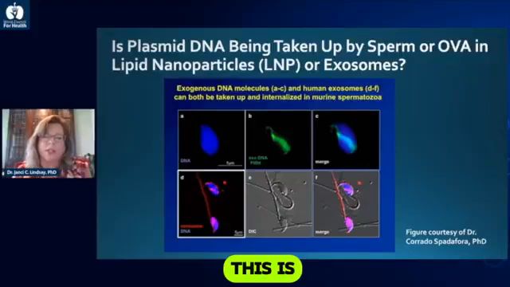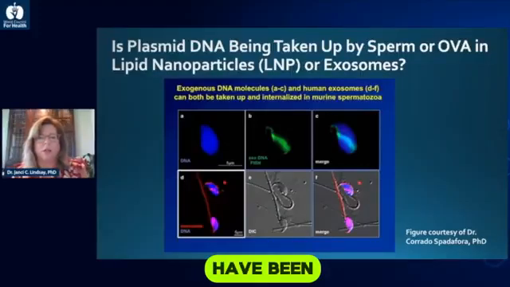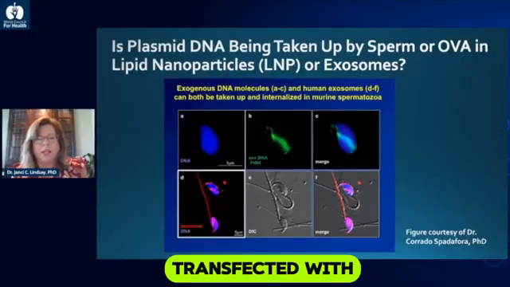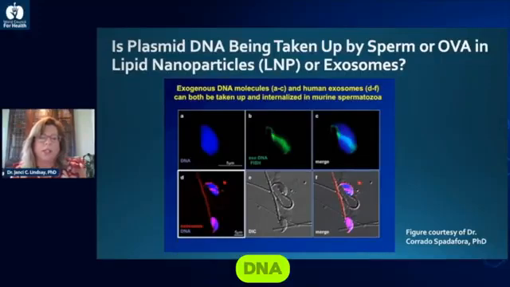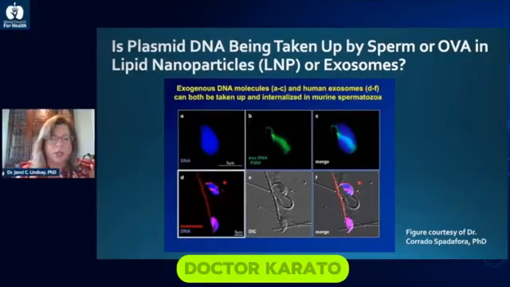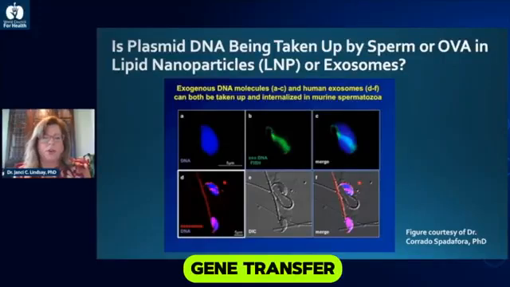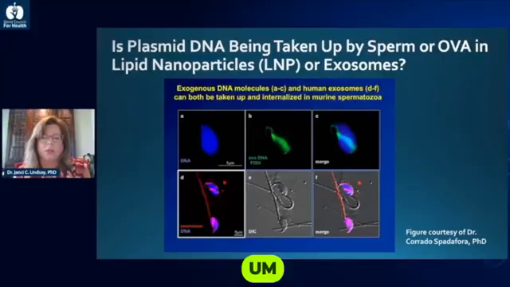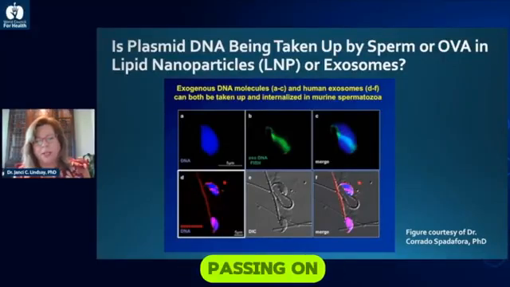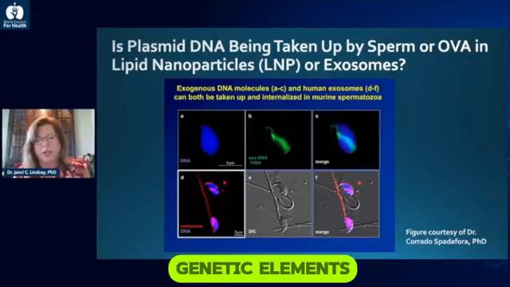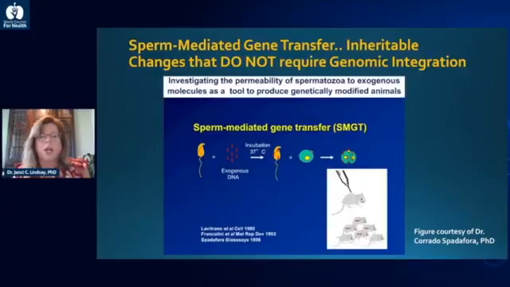So this is a picture of some sperm that have been transfected with exosomes carrying DNA, and this is courtesy of Dr. Corrado Spadafora, who really was the first to show that sperm-mediated gene transfer was occurring. Through this mechanism, we could be passing on these genetic elements to our children.